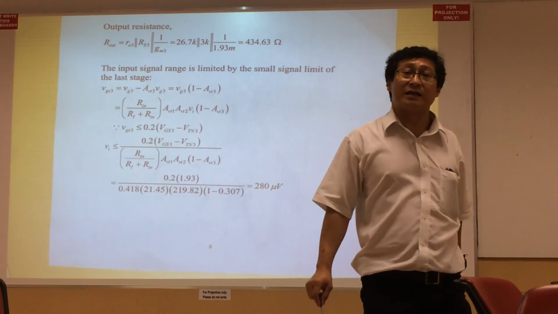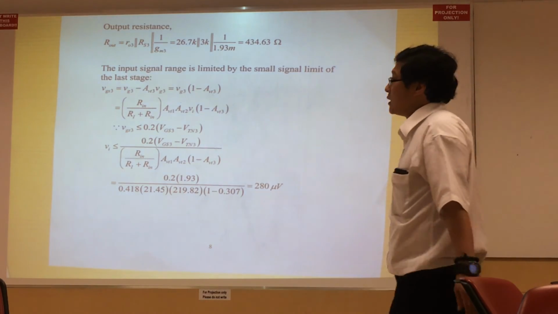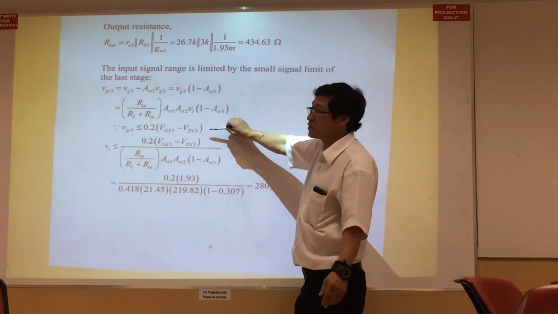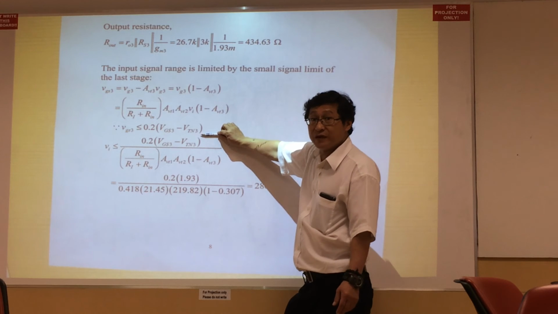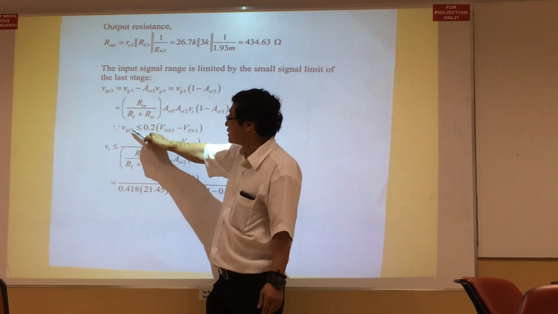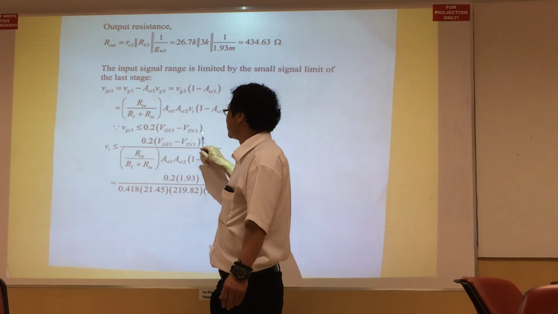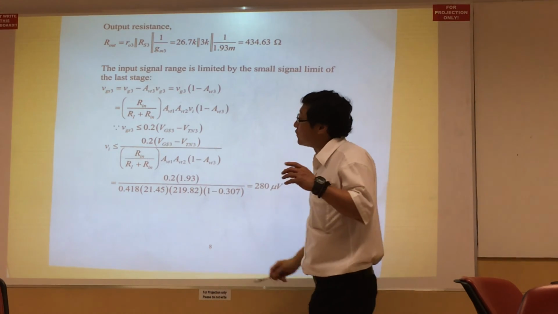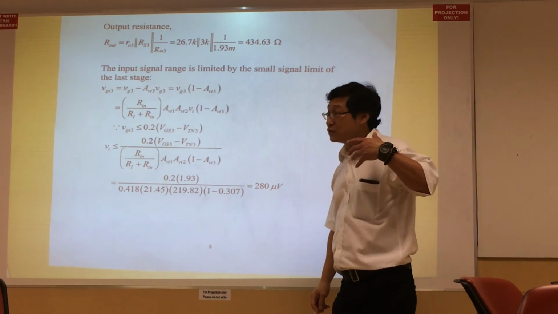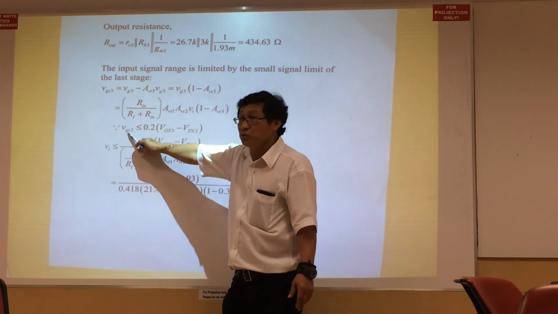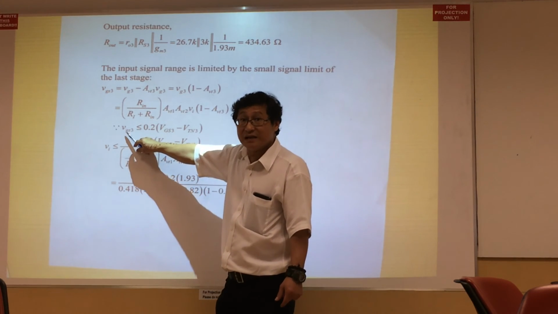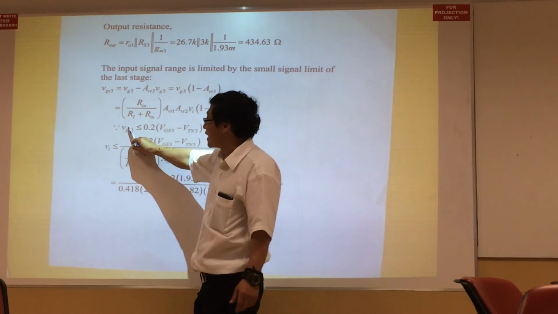I think Prof. Chang has derived that. Basically it's using the square law, removing the square term. When you remove the square term, you find that the small VGS must be smaller than this value in order for the output current to be related to the input voltage linearly. So you remove the second order term.